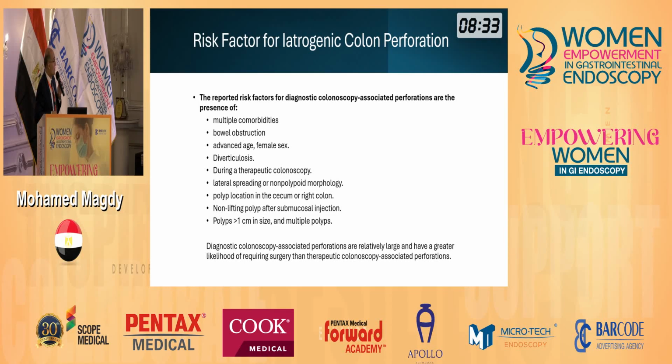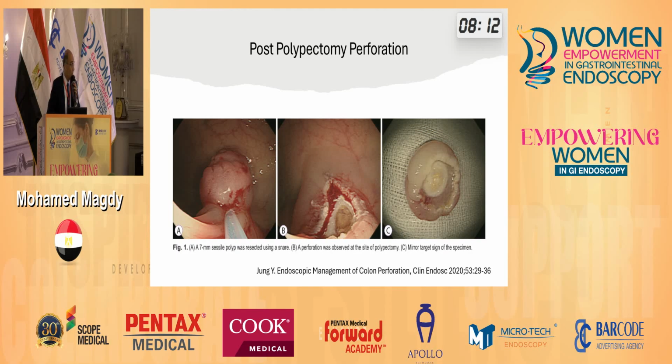As we said before, a polyp located in the cecum or right colon, a non-lifting polyp, when sometimes we do EMR and try to inject to lift a flat polyp with large fibrosis, can cause perforation during the polypectomy, and also a large polyp has a high risk of perforation. As we see in this picture, it's a polyp after polypectomy, and this is the mirror site, here the resected part of the polyp, and this is the perforation.